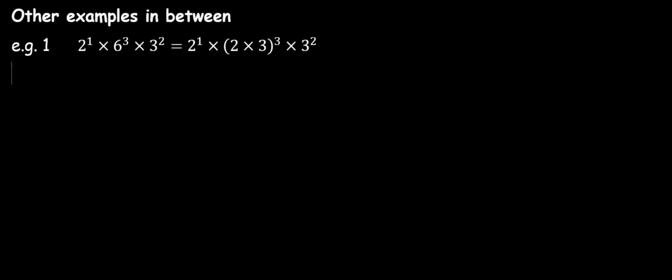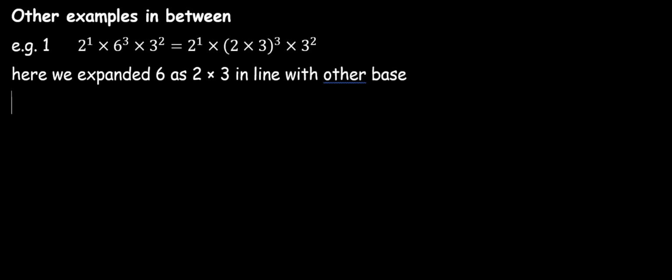Here we expanded 6 as 2 times 3 in line with the other bases. Now we have our result as 2 raised to power 1 times 2 raised to power 3 times 3 raised to power 3 times 3 raised to power 2. We can confidently work with similar bases now. 2 and 3 is what we are having here.